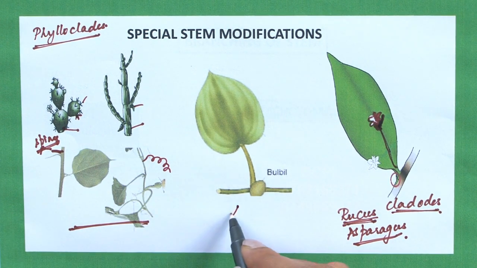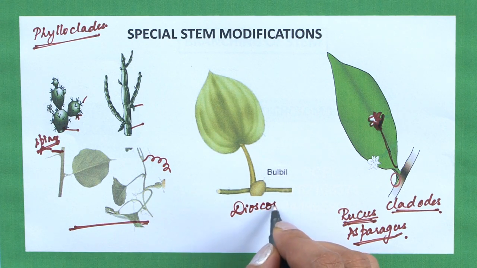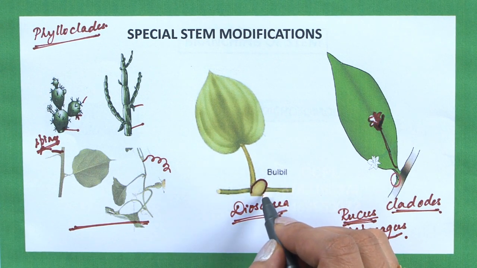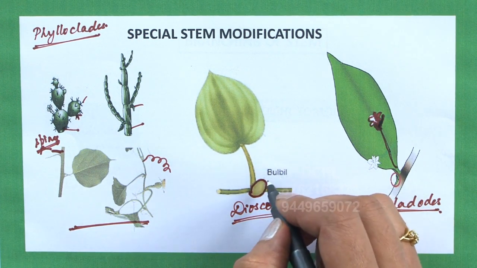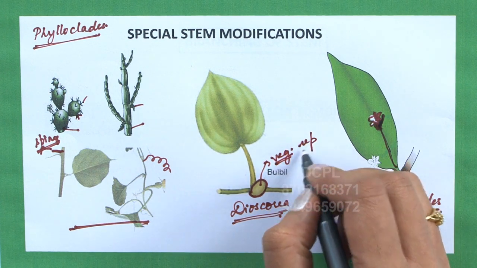In other forms like Dioscorea, the stem is modified into a bulbil-like structure to help in vegetative reproduction.